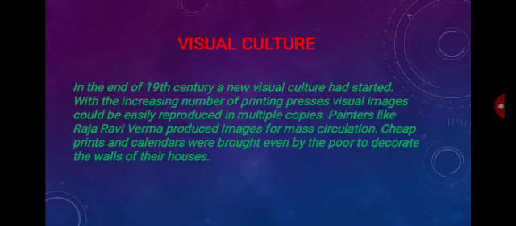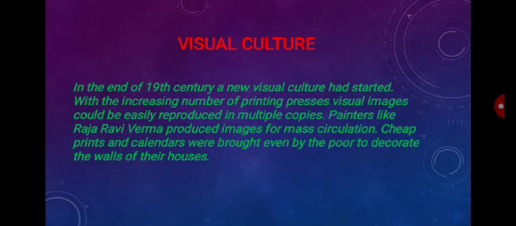First impact was visual culture. In the 19th century, a new visual culture got developed just because of this print culture. Because as time passed, scientific inventions brought revolutionary changes. As the number of printing presses was increasing, visual images could be printed in multiple copies.